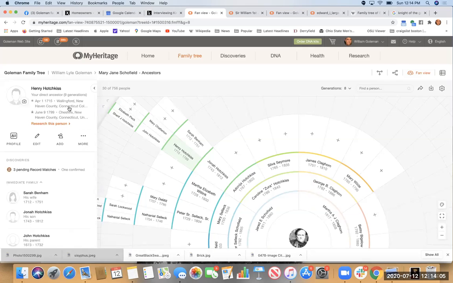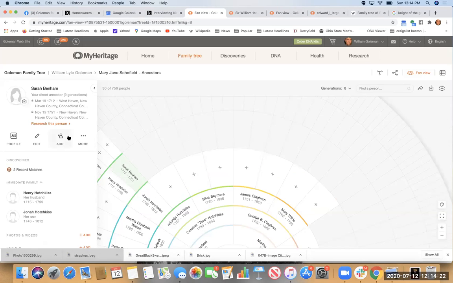So you can see he's from Wallingford, New Haven County. And now we're back from before Connecticut was a colony, so it was an early settlement. And even his wife, Sarah Benham, she's also born in Connecticut in 1712. So they're both very old families in that area.